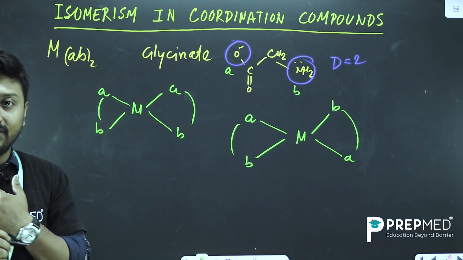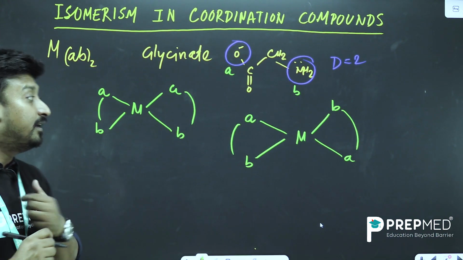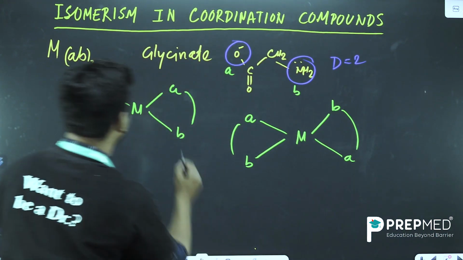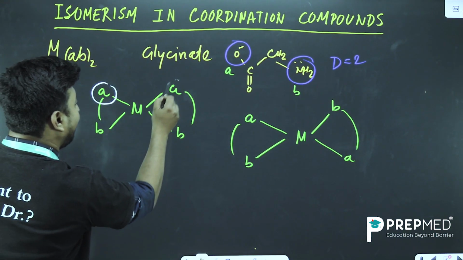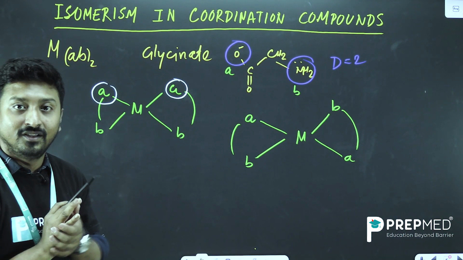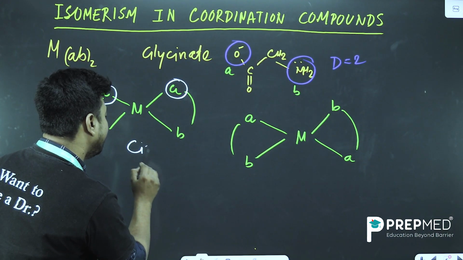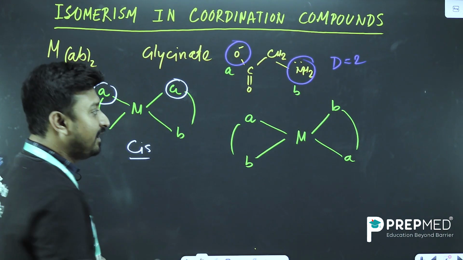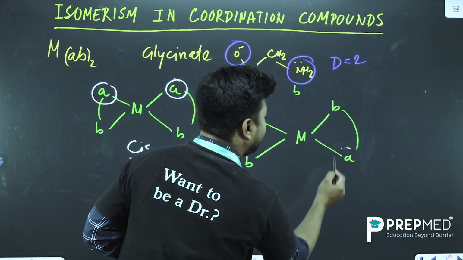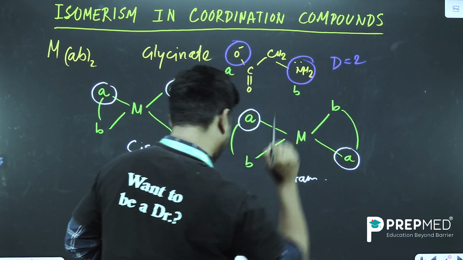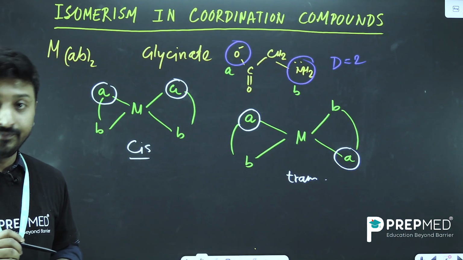This is another possibility. Okay. Now see here, in the first one, both of the A are on the same side. So this is called cis geometry, and where both of the A are on 2 different sides, that is called trans geometry.